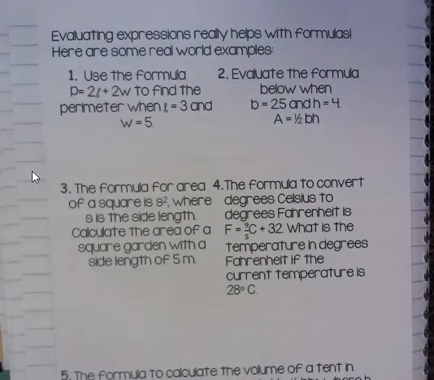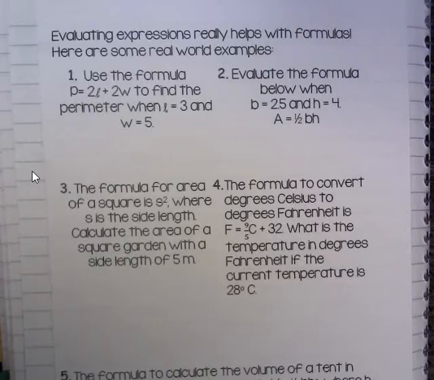Evaluating expressions really helps us with formulas. Here are some real-world examples. Use the formula P equals 2L plus 2W to find the perimeter when L equals 3 and W equals 5.